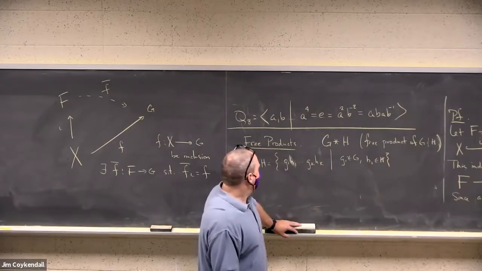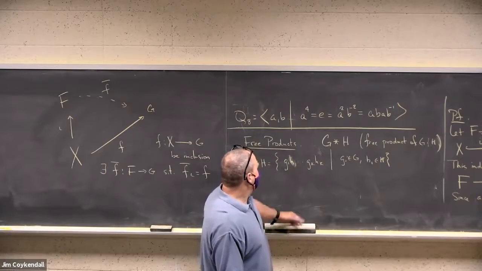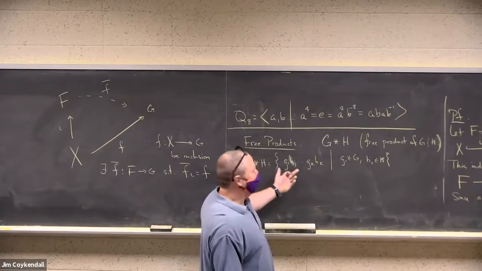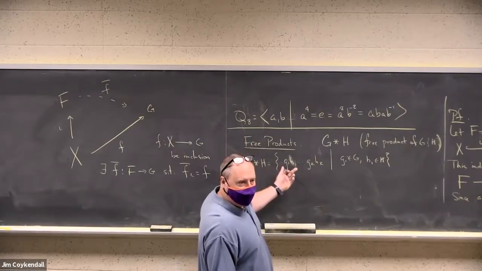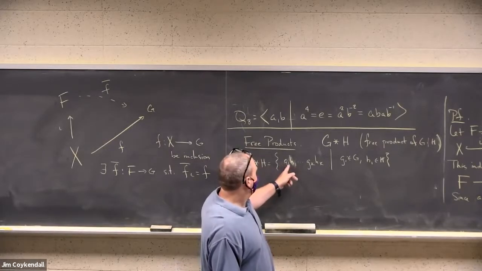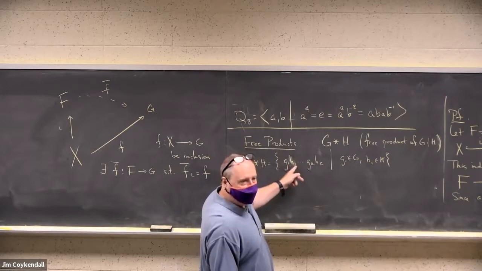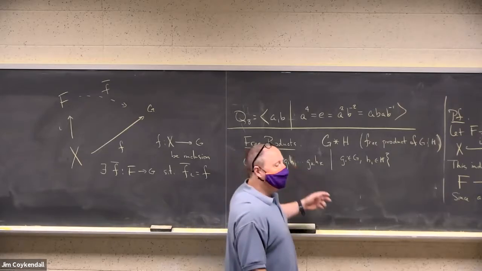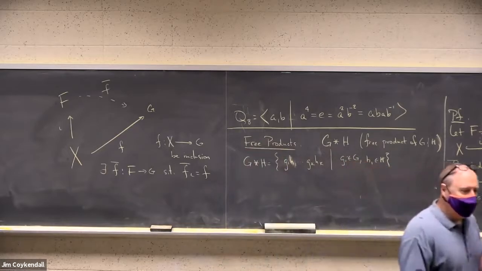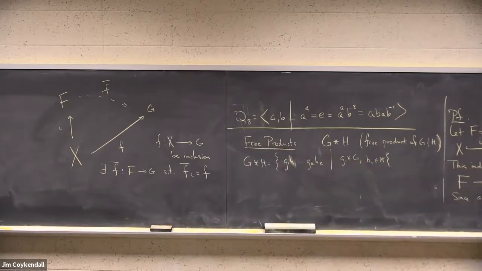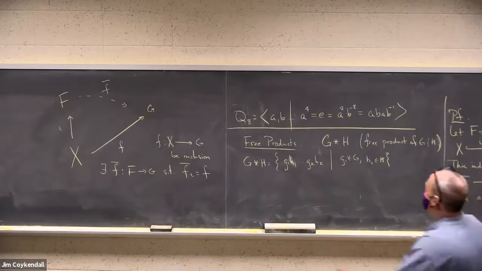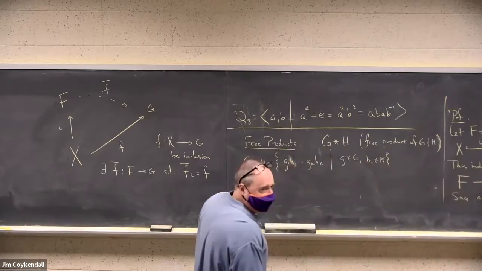How is this different from just the product of these two? Because we don't allow these things to commute, unless, for example, H1 is the identity. So in other words, we have all the relations in G, we have all the relations in H, but I don't allow G and H to commute. So it's free in that sense, right?